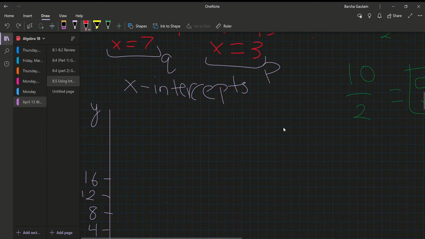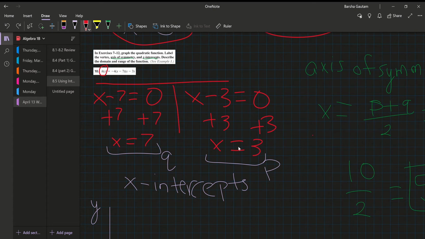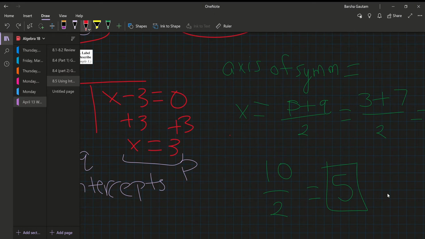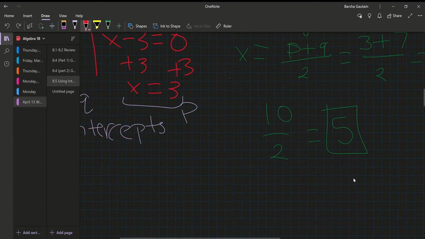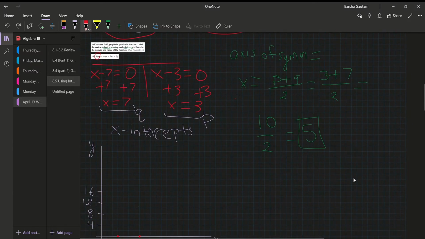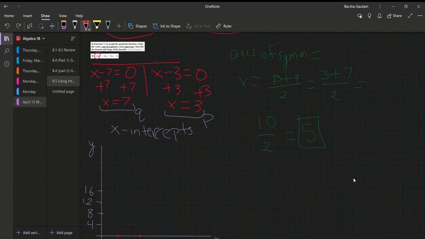What we can do is, since we know what our x's are equal to, we can just go ahead and plug it back into the equation. Well, not this one actually, the axis of symmetry. We'll need to plug the axis of symmetry back into the equation in order to figure out where our vertex is at. Okay, so let's do that right here. Let's recreate the equation.